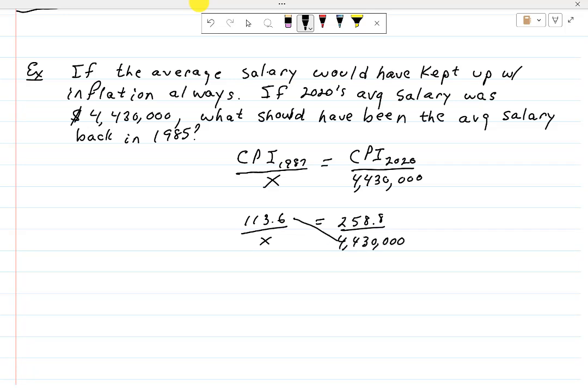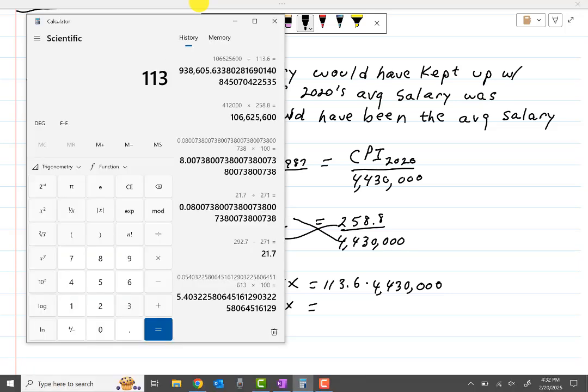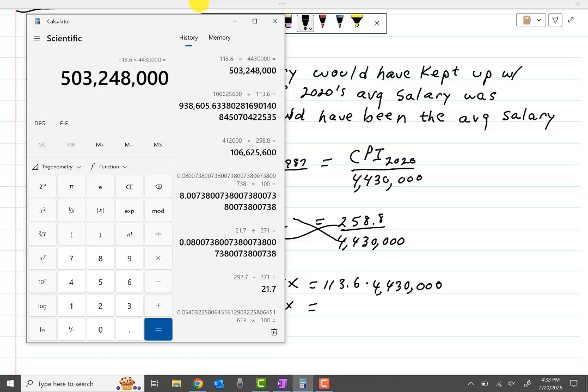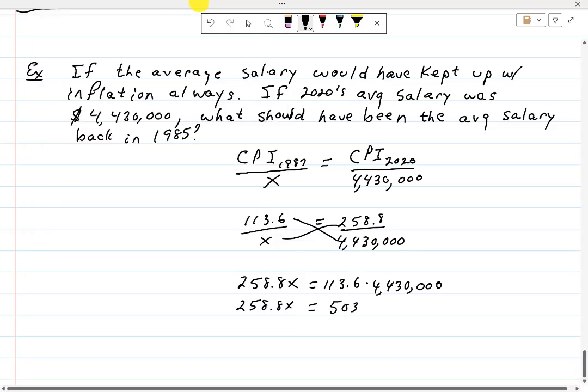Let me cross multiply. $113.6 times 4,430,000 equals 503,248,000.